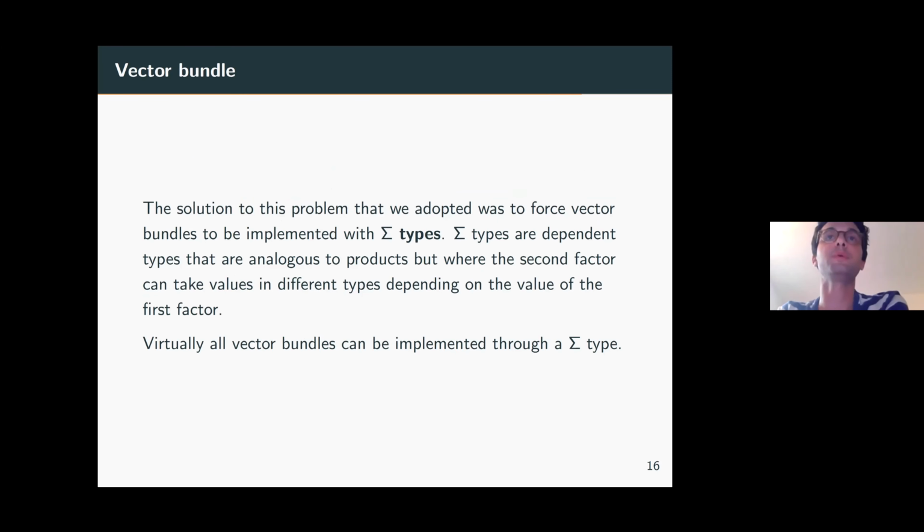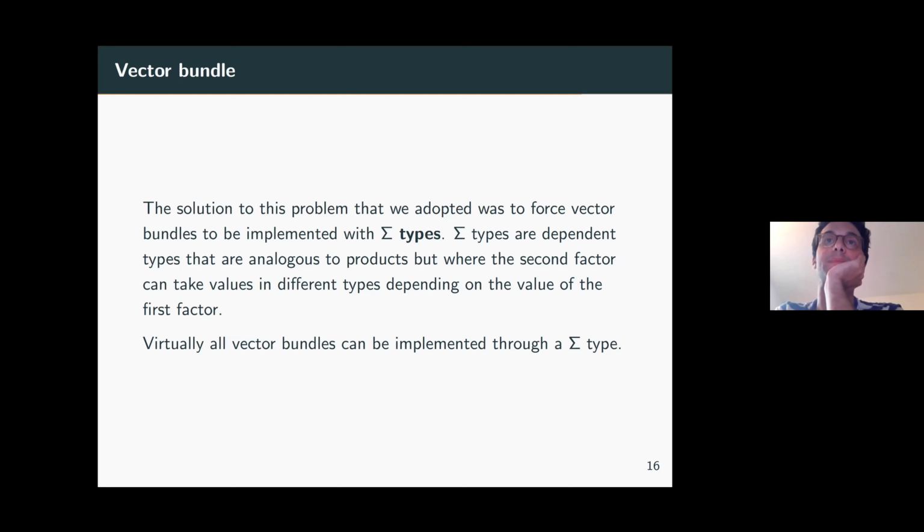For people who are not that familiar with type theory, I will just quickly say that a sigma type is a dependent type, which is analogous to a product, but where the type of the second factor is allowed to vary, depending on the first factor.